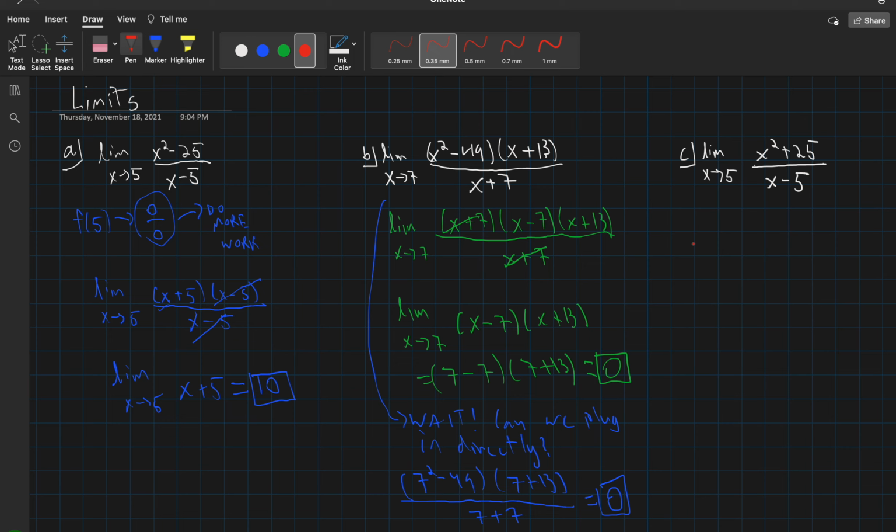So maybe we try factoring. So x minus 5, x plus 5 all over x minus 5. Okay, so this is the same type of problem. Limit as x approaches 5, x plus 5 is equal to 10.